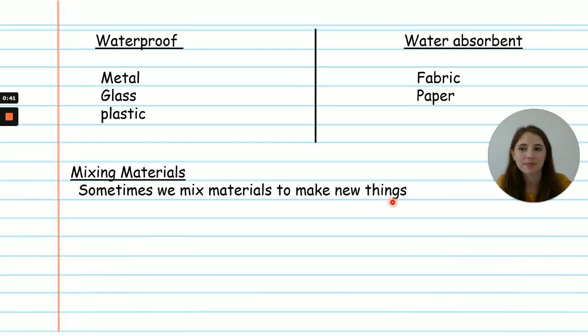Let's look at 4 materials that we can mix together so that we can make pancakes. So which materials do we mix together for pancakes? Number 1, we have flour. So write down flour.